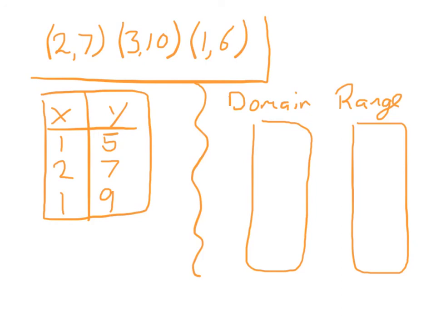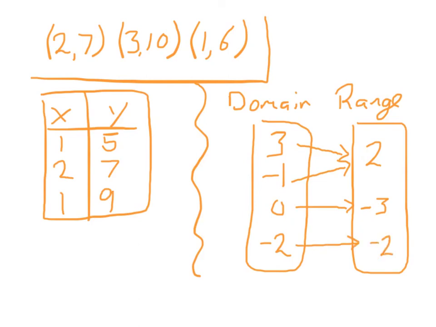And here we have a 3 maps over to a 2, and a -1 also maps to a 2. 0 maps to a -3, and -2 maps over to a -2. So again, the question's the same on all of these. What is the domain? What is the range? And is it a function? Make sure you pause and try to answer that for all 3 of these questions.